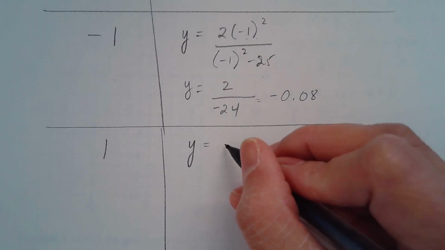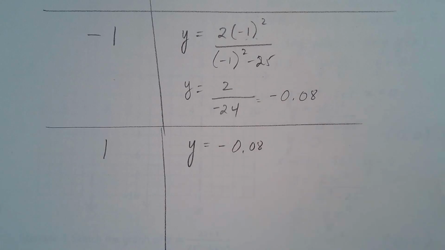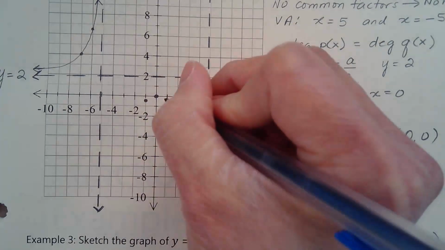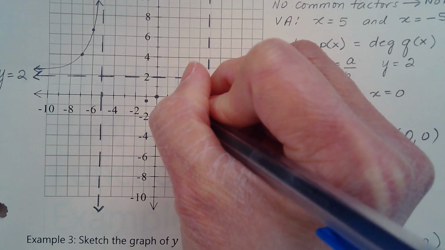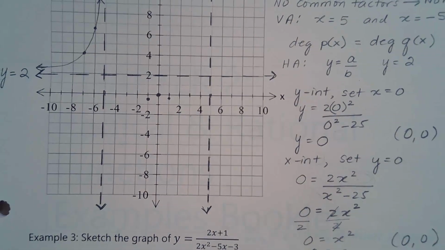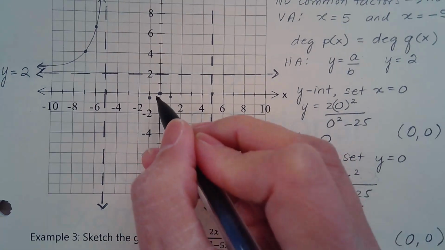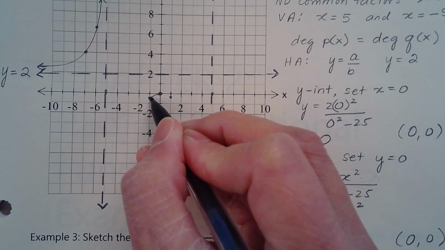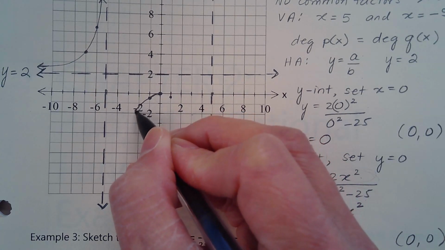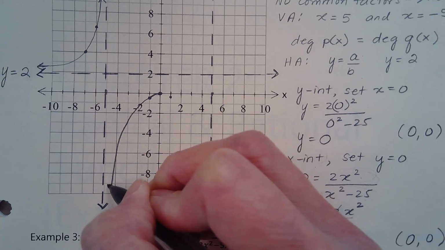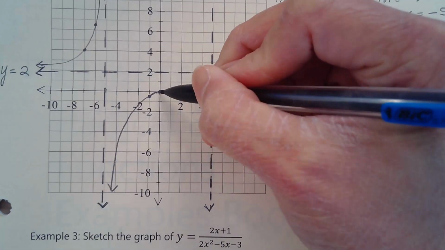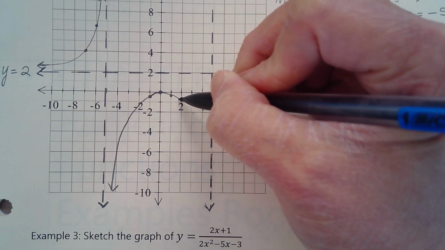It's -0.08. So it's going to be like that, pretty close to the x-axis. So what's happening in here? It's going to keep going down this way. Okay, it's not going to cross the asymptote, but it's going to approach it.